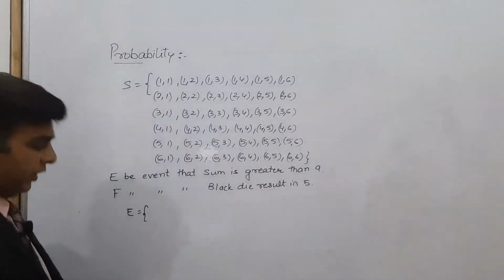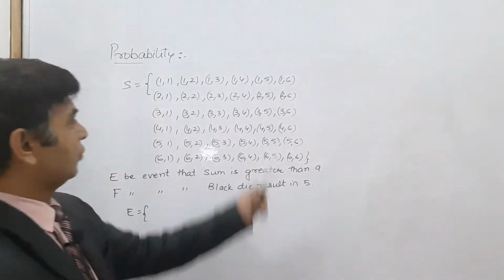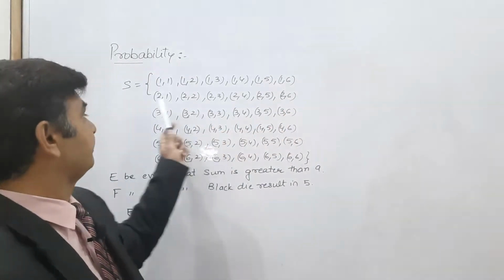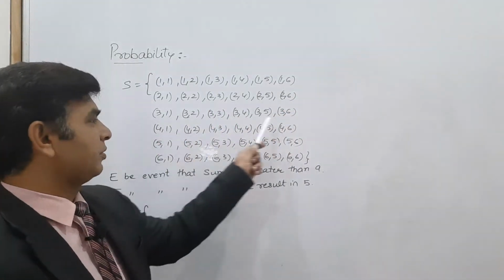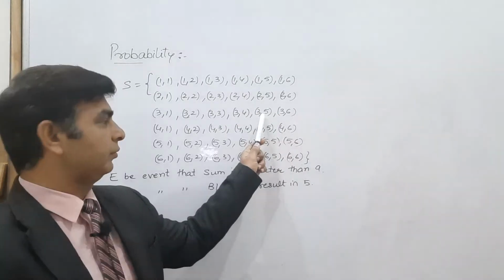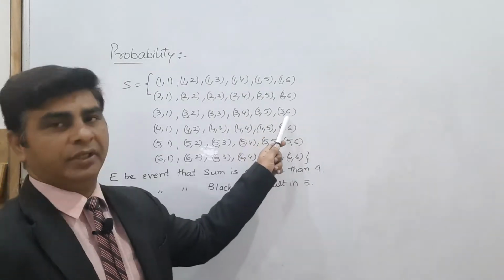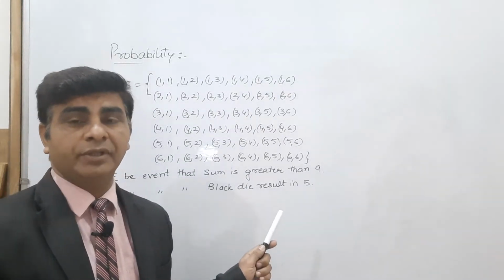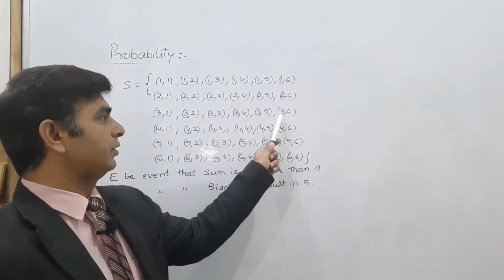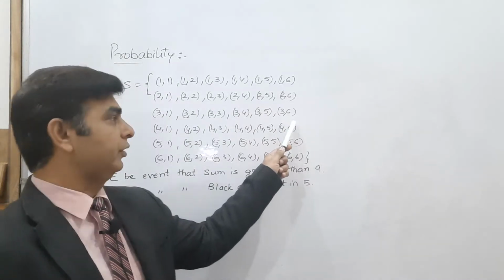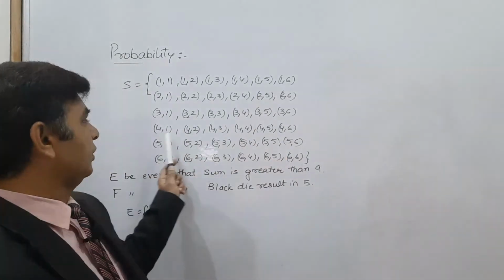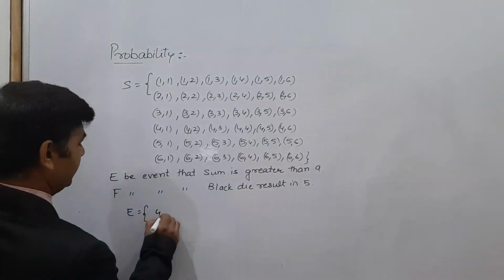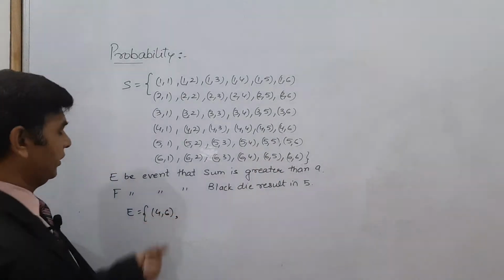So let me write down all the elements of E first. Which elements of E will come, whose sum is greater than 9? In the first row there will be no element whose sum is greater than 9. In the second case also there will not be any. In the third case we have 3 6, but its sum is equal to 9, so this is not to be taken. We have to find only the elements whose sum is greater than 9.